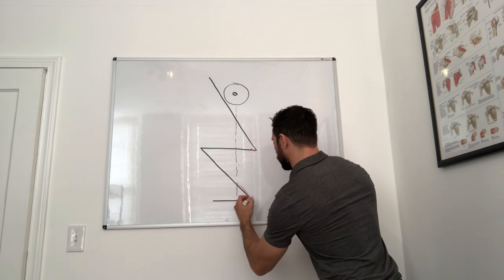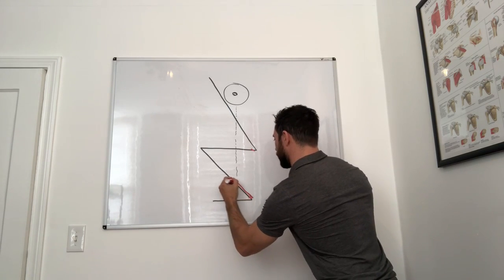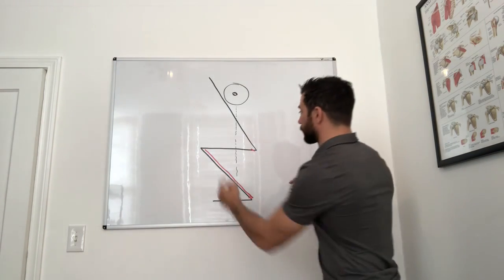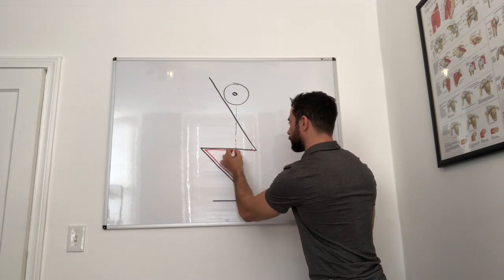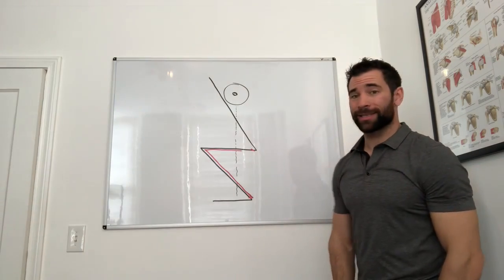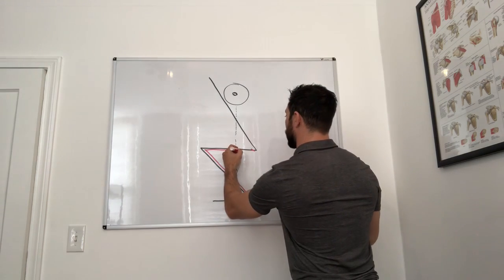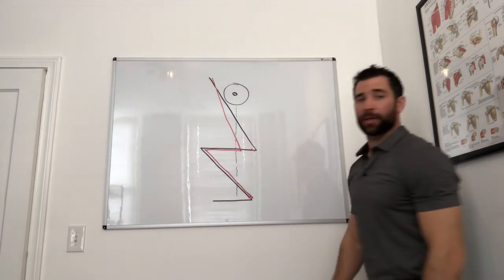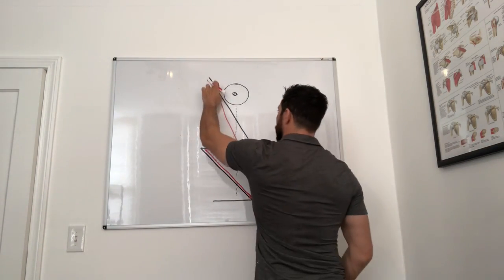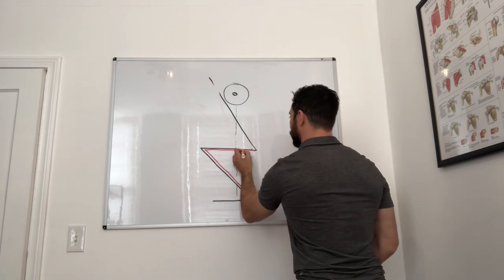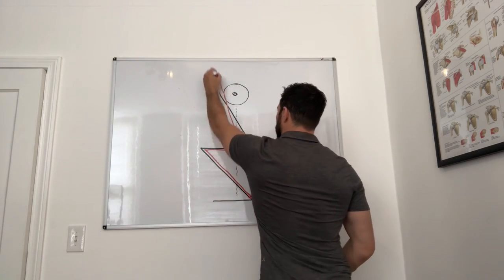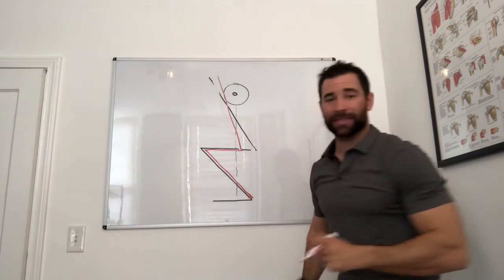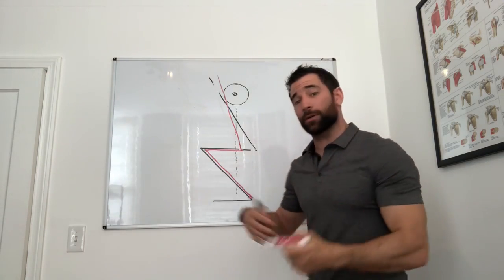If tibia fibula stay the same, and I have relatively short femurs, you're going to notice that now my torso angle has to be much more vertical to support that weight, right? And actually probably even more than that in the example that I just gave. It's probably much more like almost vertical, right?